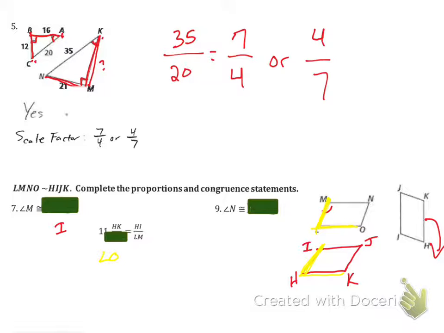And then finally, this last one here I'll do in blue. Angle N is going to be angle J. Make sure you're doing all your labeling. Then let's check the answers. Angle I, LO, and angle J.